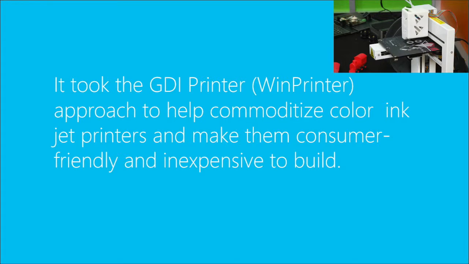And what happened is that commoditized printing. Printing took off. All of a sudden, everybody had inkjet printers, and you could sell inkjet printers for less than the cost of the ink that was going in them. So the idea of a $75 or a $99 printer was because of that offloading. It required less stuff there, but it was also about having built-in support in the operating system for those types of printers.